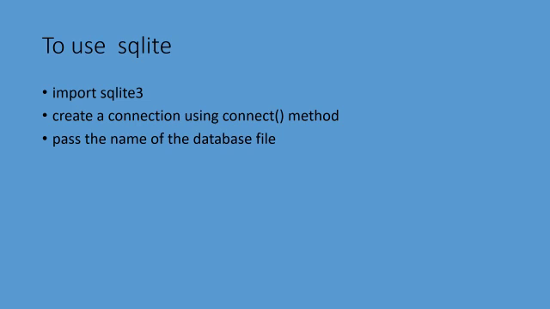Connect is a method, and within it I am going to connect the database. For this connect method, I am passing the name of the database file as a parameter, within brackets. And third one, set the cursor object.